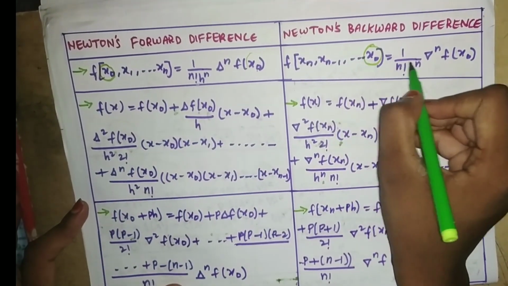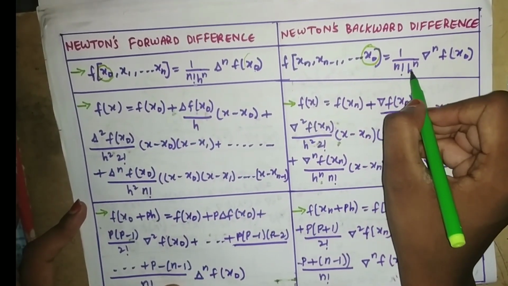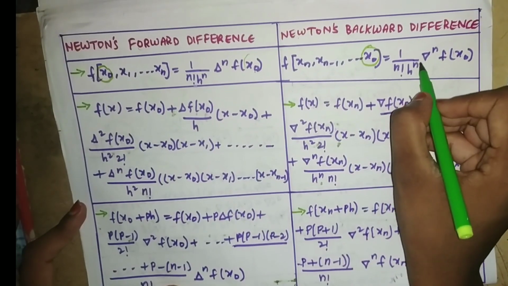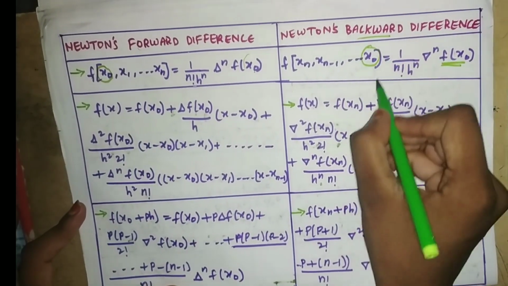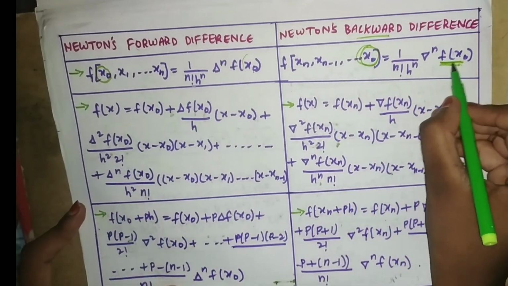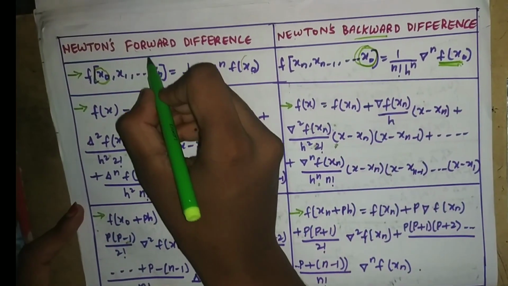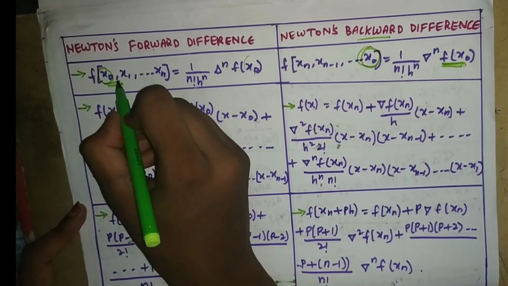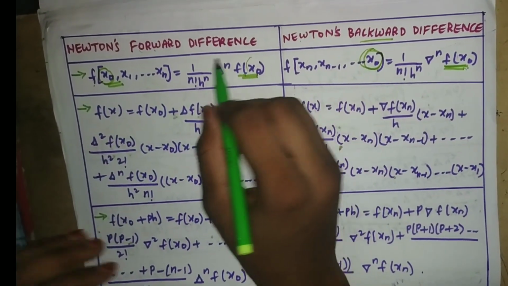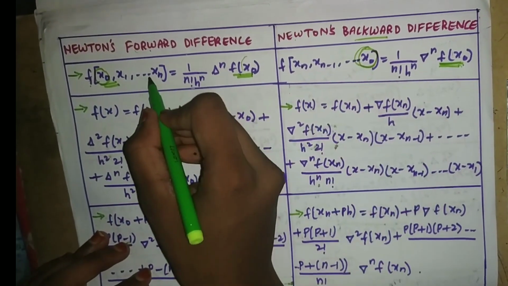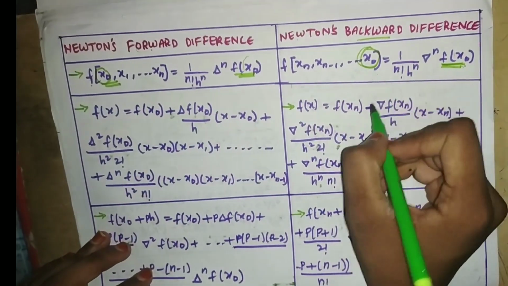So we can write this as 1 by n factorial h power n del power n f of x0. In backward difference, this is the last term, so that's why we are writing f of x0. In forward difference, this is the first term, so that's why we are writing f of x0 here. The same thing, but they took it vice versa in backward difference.